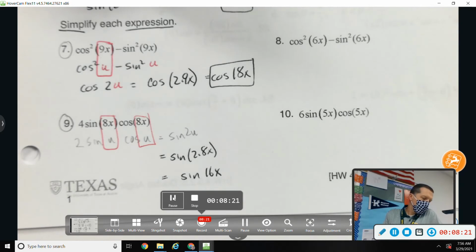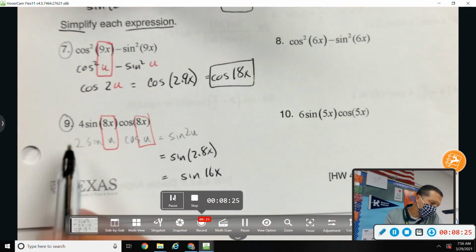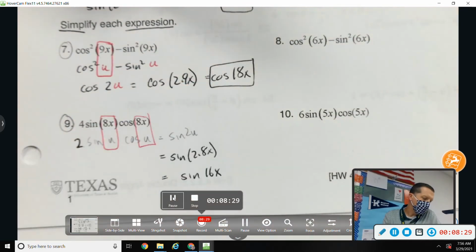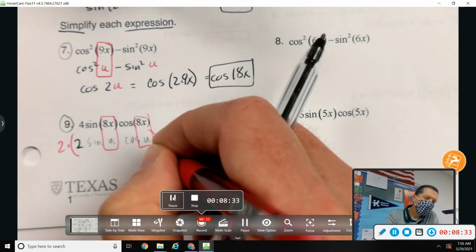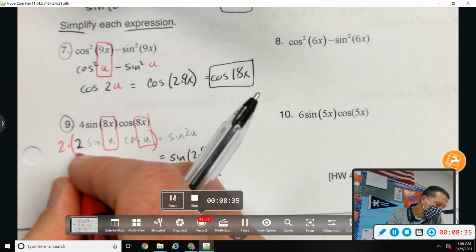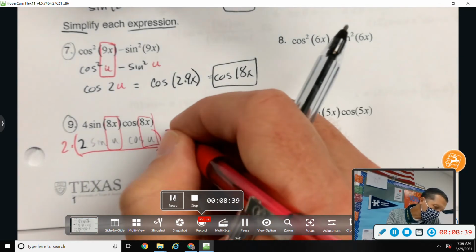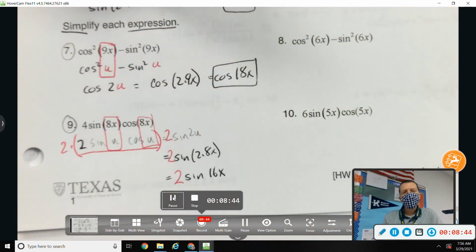But there's like this 2 and this is 4, so something's not quite right. Like I think I need an extra 2 out there. So what's inside the parentheses, that's the formula, but there's still an extra 2 out there. So 2 sine 16x. That one's kind of tricky with that extra 2 floating around.